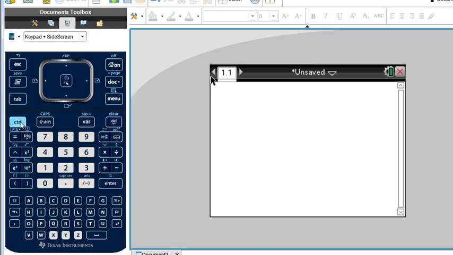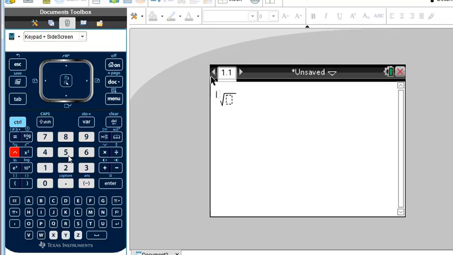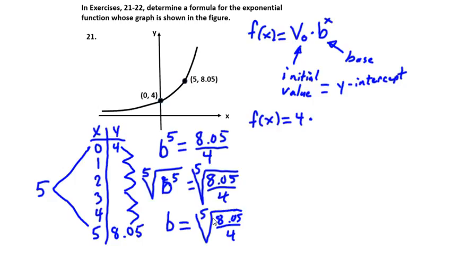So I'm going to press Control Exponent. We'll put 5th root here and go inside the radical and put the fraction there and put 8.05 over 4. And we're going to get our value for b, which is 1.15013. So that's going to go in the place of our equation up here. So we're going to put this up here for b.